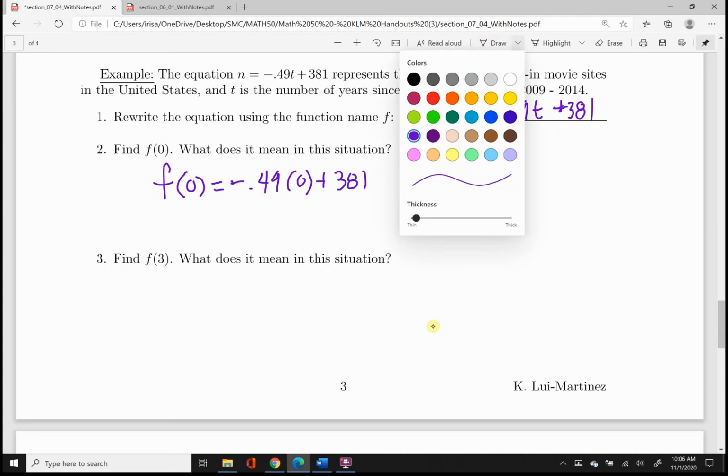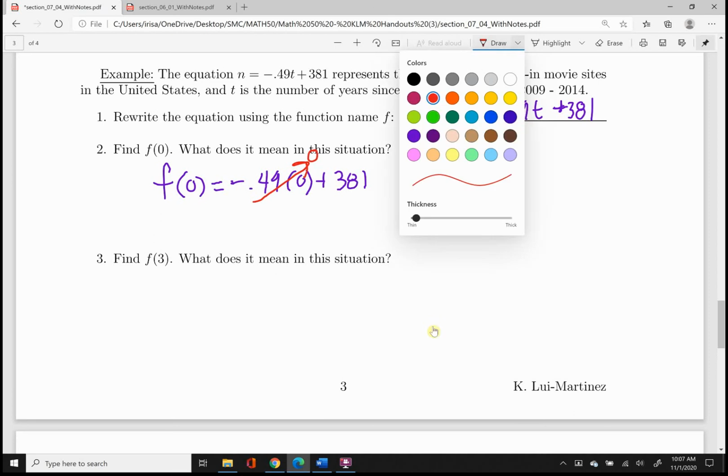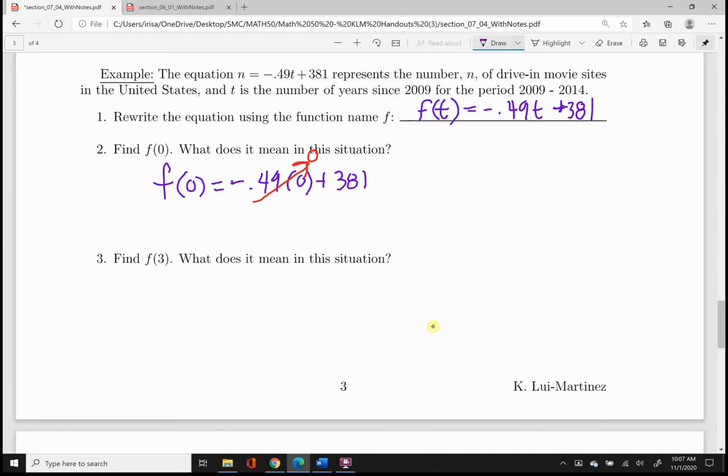So essentially, this first term zeroes out, and we're just left with 381. Hopefully everybody can see that clearly algebraically. So f of 0 is 381. That is to say that there were 381 drive-in theaters.